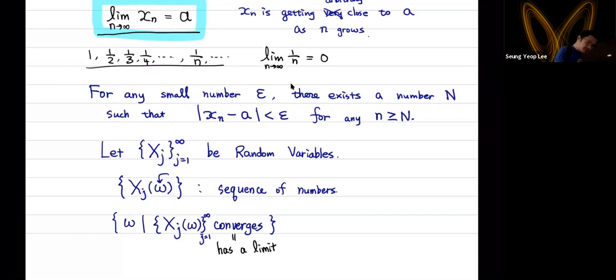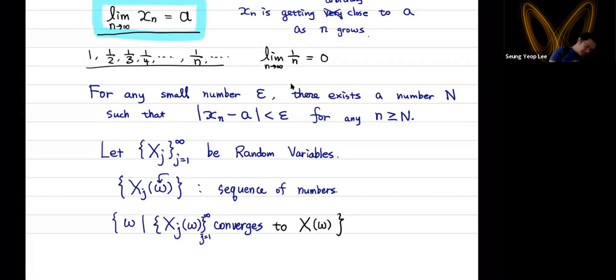Let me slightly change here. Converges to. I will make this explicit. Converges to what? Converges to some other random variable, there exists some random variable such that it converges to this. So let's assume omega is the point where xj of omega, the sequence of number, converges to x of omega.